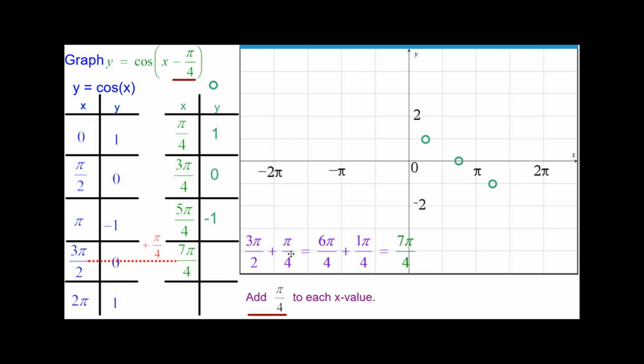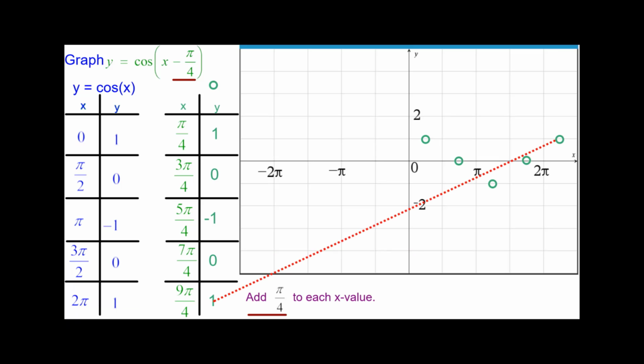3 pi over 2 is really 6/4 pi, plus 1/4 pi is 7/4 pi, comma 0. And 2 pi plus another quarter would be 8/4 plus 1/4, or 9/4 pi, comma 1. And that gets our second maximum point. Connect the points as a cosine wave. Frown, smile, frown.